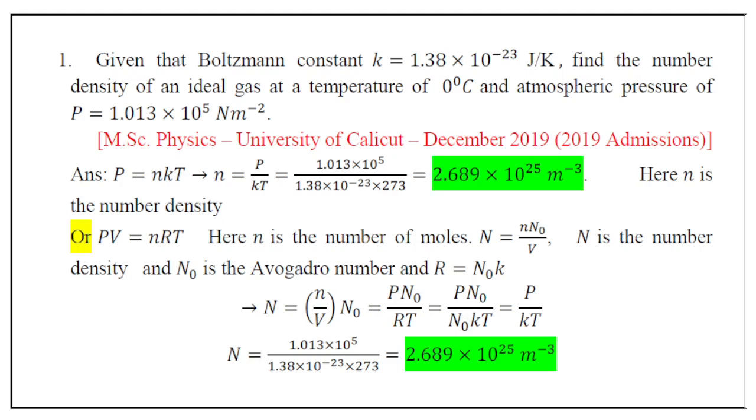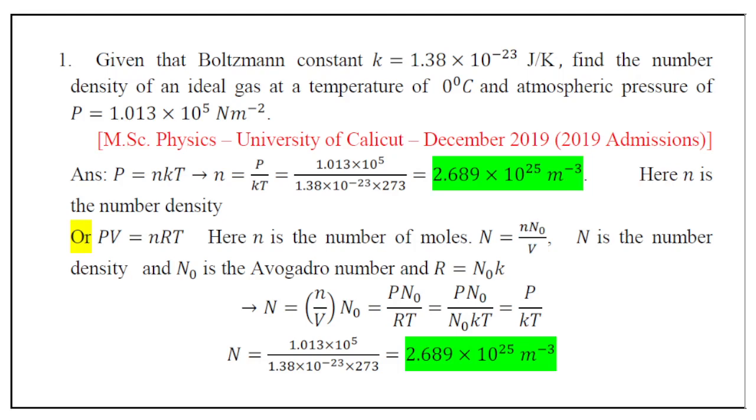Or we can use PV equal to nRT, but here small n is the number of moles. So the number of particles will be number of moles into Avogadro number, and number of particles per unit volume, it is represented by capital N here. That will be equal to number of particles divided by volume.